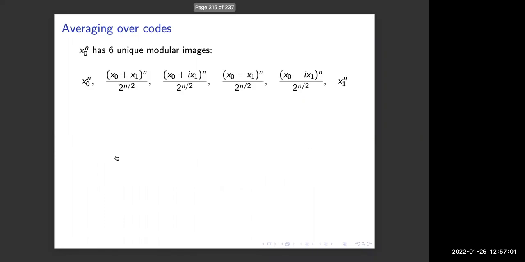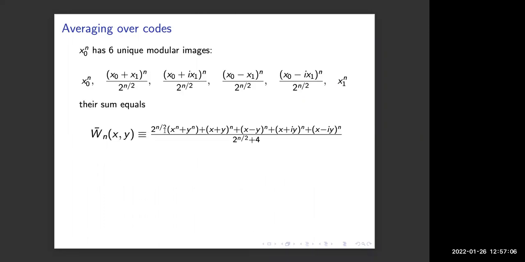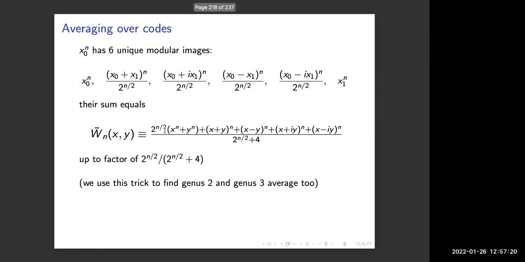But when you average over all of them, that's when you get this. And I should be thinking of that as like the vacuum character, with respect to this bigger chiral algebra. Yeah, exactly. That's our interpretation. Okay. All right. Thanks.